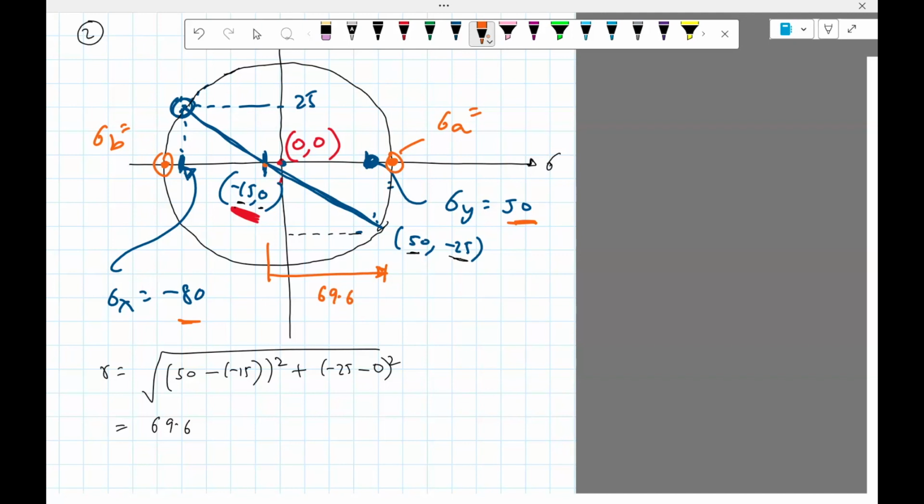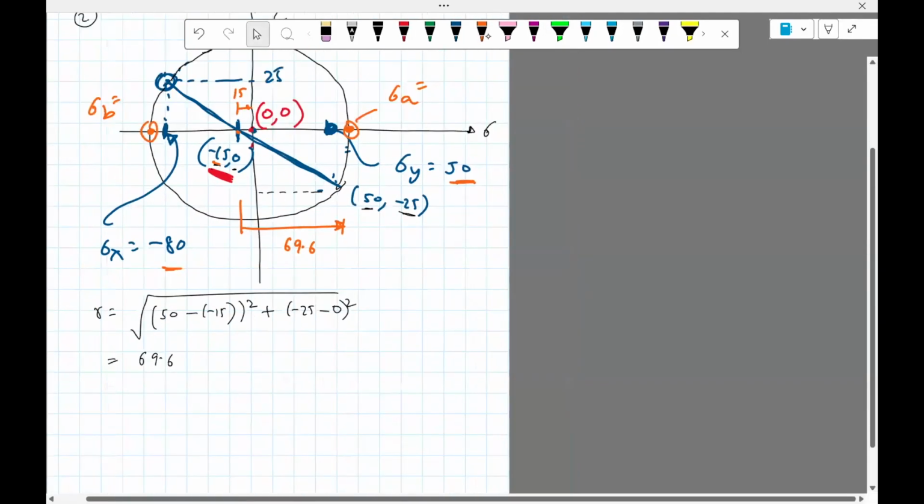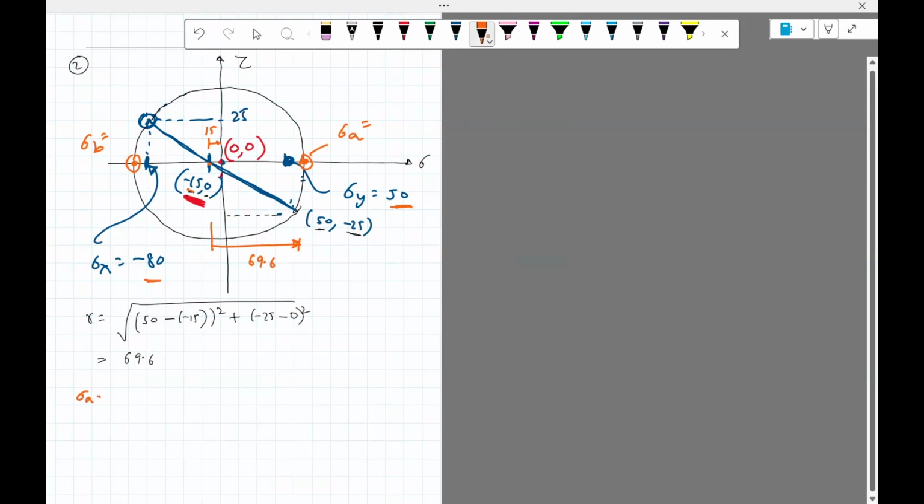So can you compute the maximum stress now, sigma A? It's just a matter of, well, we know this is minus 15 comma 0. And this is 69.6. So sigma A has to be 69.6 minus 15, 54.6.